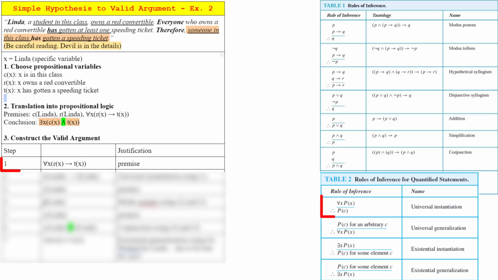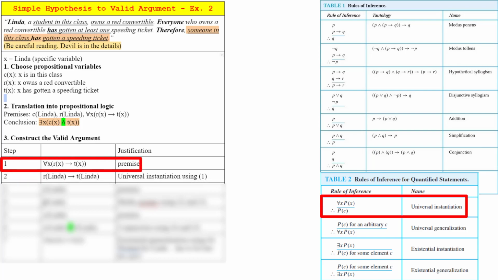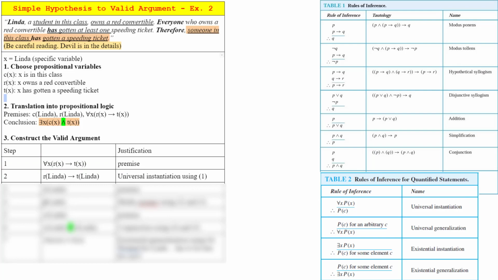Now we're going to use something you've seen before, and that's our universal instantiation, because again, we know Linda has been given a red convertible. That's part of our logic and implication that she's going to have a ticket, just by the implication in our propositional logic that we've gotten so far.